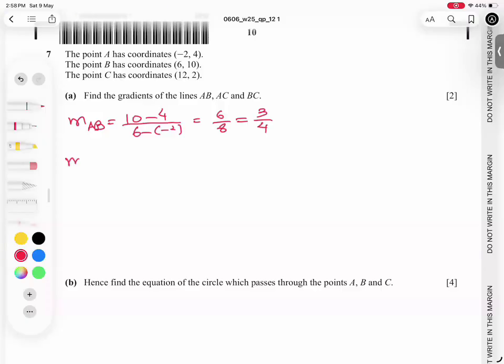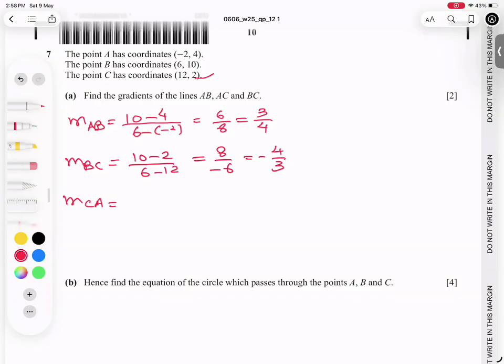Now the gradient of BC. I'm going to use these two coordinates. So 10 minus 2 over 6 minus 12. I got 8 over negative 6, so negative 4 over 3. Now the last one is CA or AC.